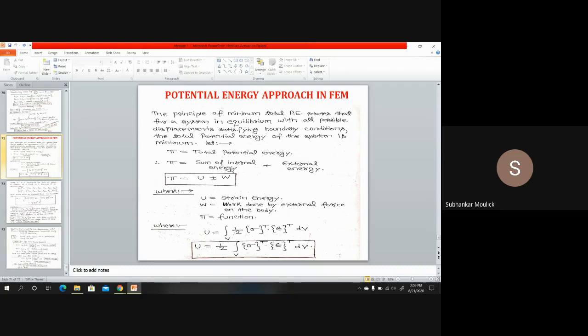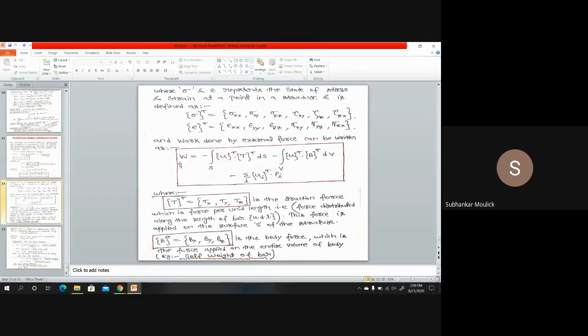So let us find the value of this W. For a static structural problem, W normally consists of three main things: the surface integral of u transpose into T transpose into dS, minus the volume integral of u transpose into b transpose into dV, minus the summation of u i transpose into P i.